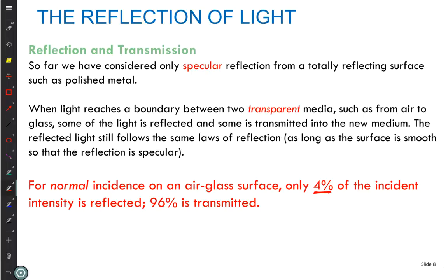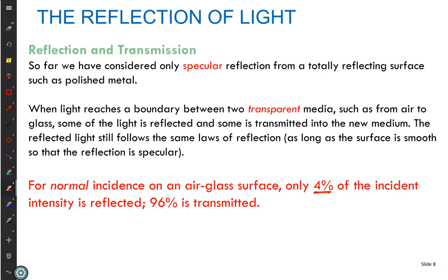It has to be normal incidence for these to be the right numbers. It depends actually on the index of refraction of the glass. There are different kinds of glass, with indices of refraction a little bit less than 1.5, up to glasses with indices of refraction above 1.7. And you're going to have more reflection if it's a slower speed, so a higher index of refraction.